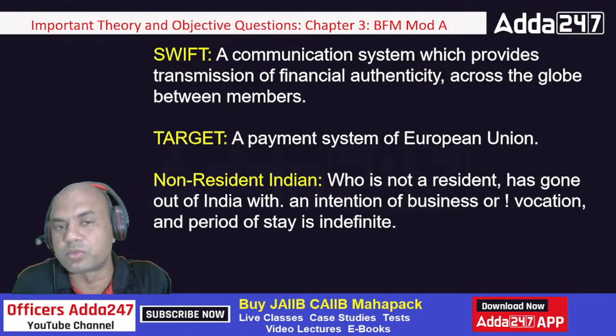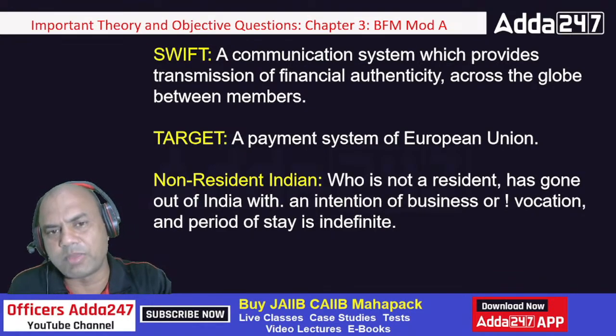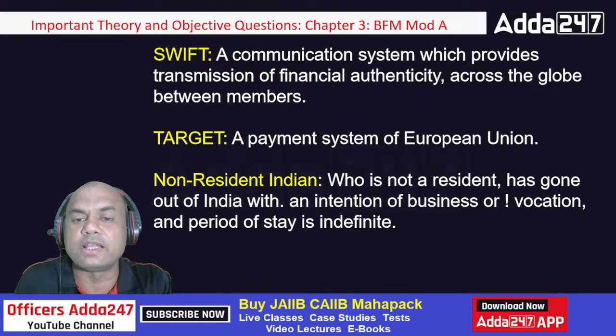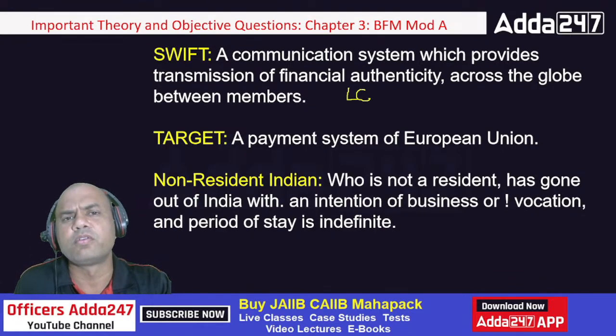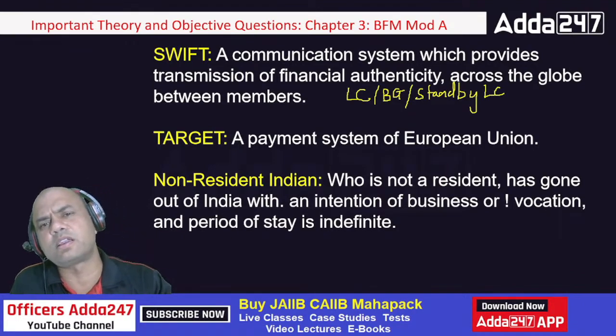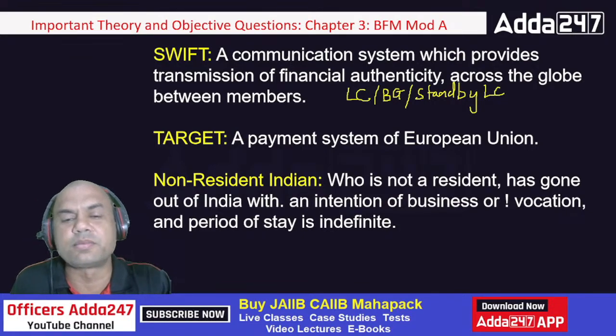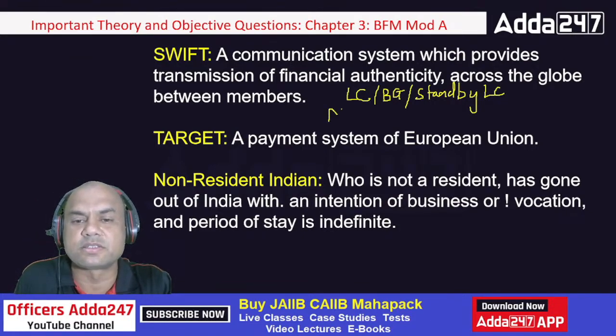So it is basically telecommunications. But what does it do? If you are in banking, you'll use SWIFT for LCs, letters of credit, very important, bank guarantees, standby LCs, or any authenticated messages. There are three types of messages. There is something called the MT7 series.